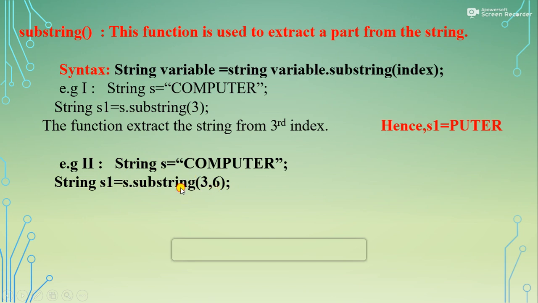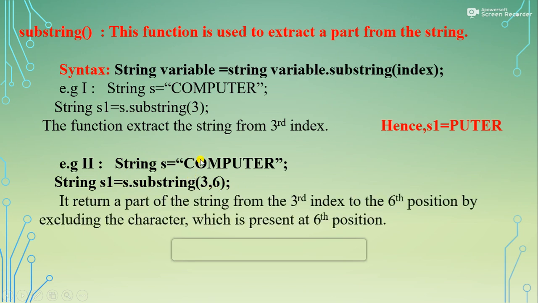Now the output: it returns a part of the string from the third index to the 6th index, excluding the character present in the 6th index. That means this is the first position, this is the last position, but it will exclude, not include, the given index. So after compiling, in s1 it will be PUT.